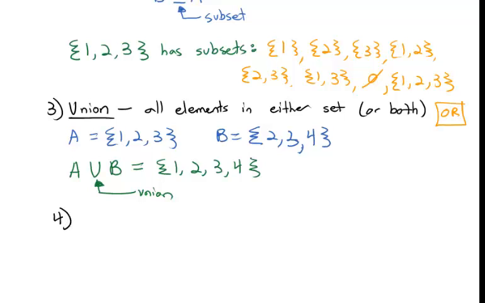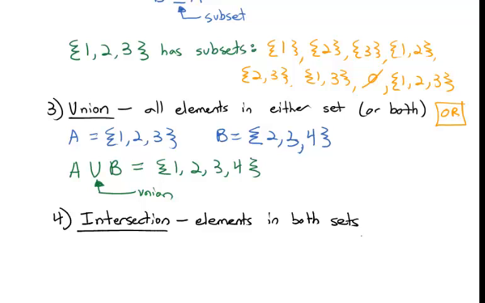The other operation used a lot is intersection of two sets. And the intersection is a list of the elements in both sets. This is where they overlap. You might think of the word and here.